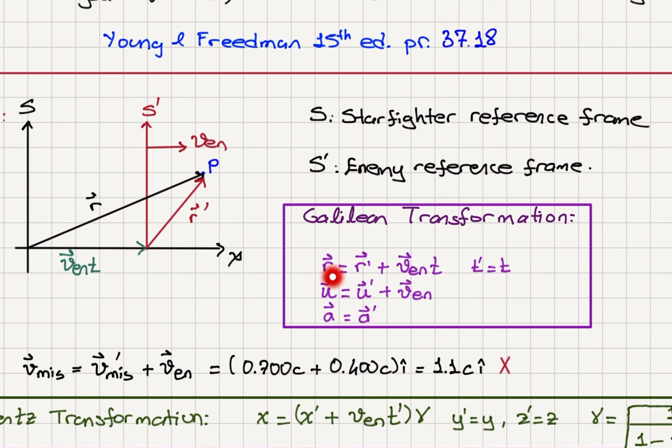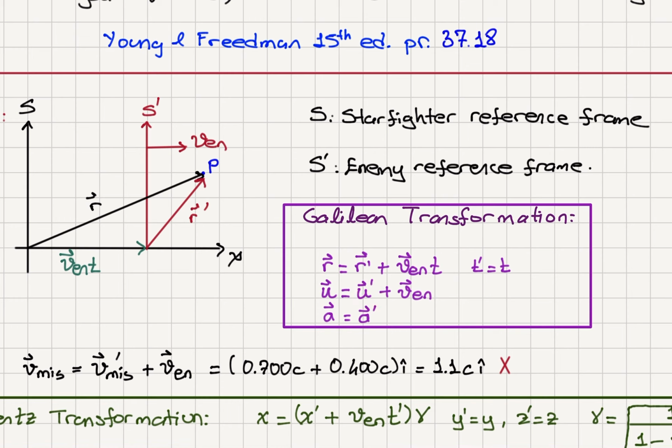So if I take a time derivative, dr/dt is u, dr prime/dt is u prime, and v enemy t divided by t, or its time derivative, is v enemy. That's a constant. If this is a constant, if I take another time derivative, that disappears. So the accelerations they will report will be the same.